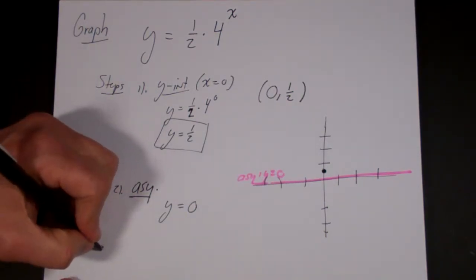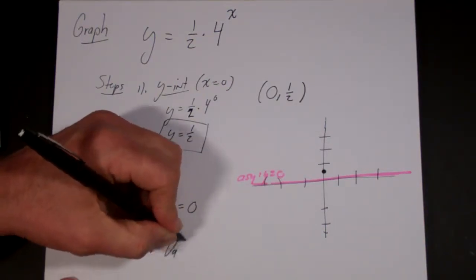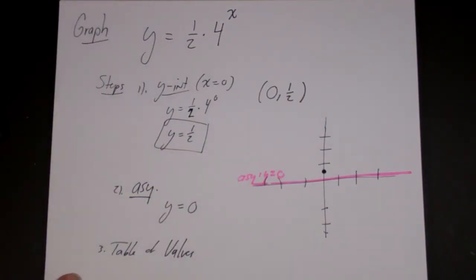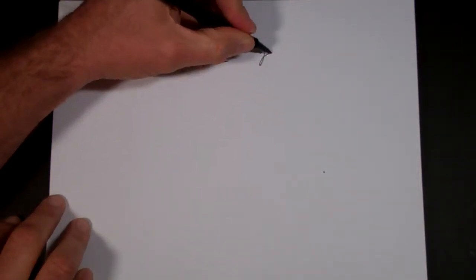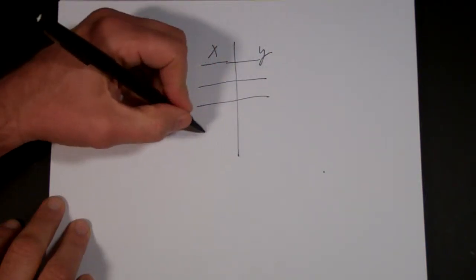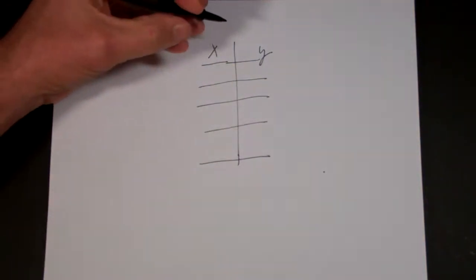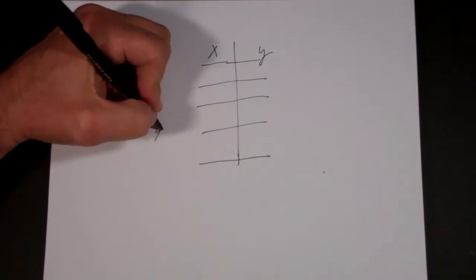And the third step is to make a table of values. You can use as many as you like. Probably 5 would be plenty. I like to put the y-intercept in the middle.